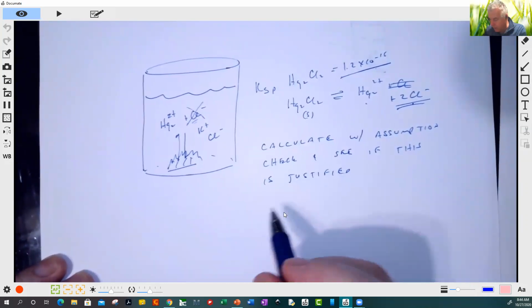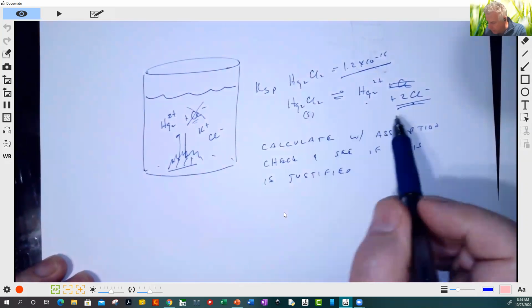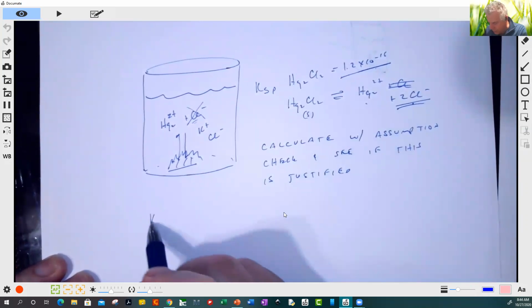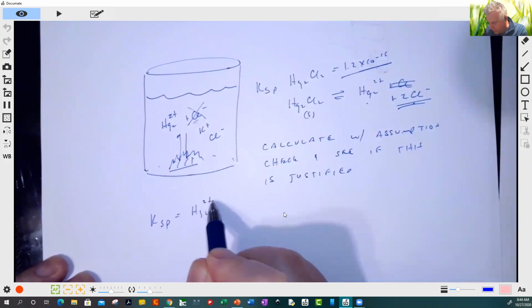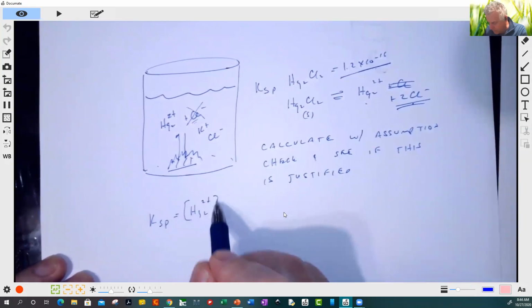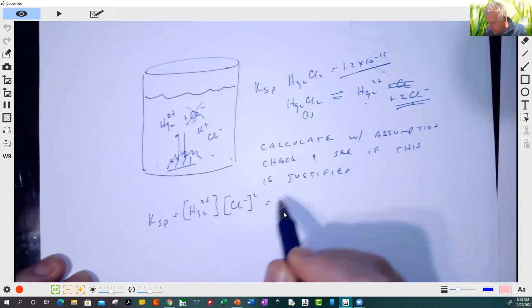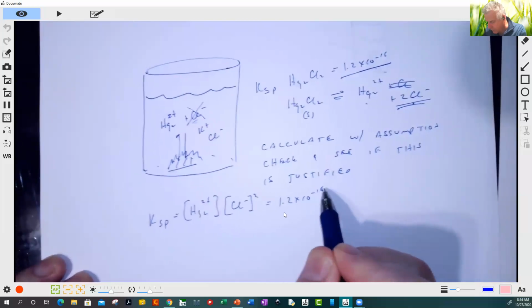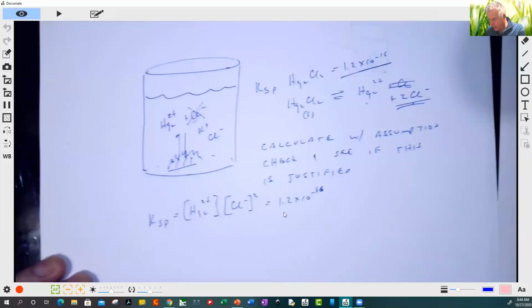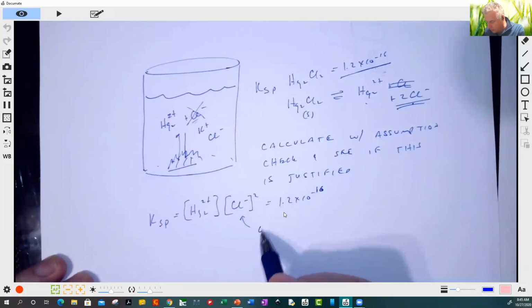Right? So I'm going to take this reaction quotient here, Ksp, is equal to Hg2 2+ times Cl- squared is equal to 1.2 times 10 to the minus 16. And then I'm going to substitute in here 0.1.